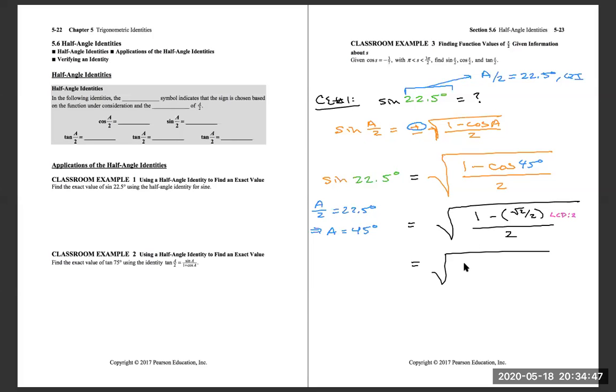You have your 1 minus, change your 1 to 2 over 2, LCD 2. And then subtract your root 2 over 2. And then divide all that by 2. Gives you 2 minus root 2 divided by 4.